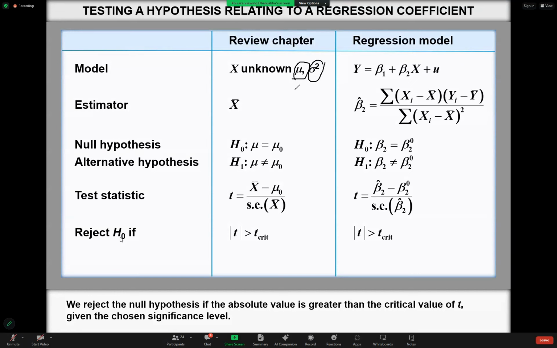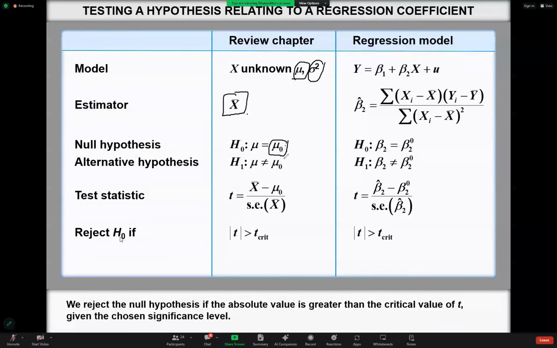Okay, these are values we don't know. From the sample, you can estimate the sample mean. Using this sample mean, you can test some value for population mean. Let's say you assume the population mean is equal to this value.